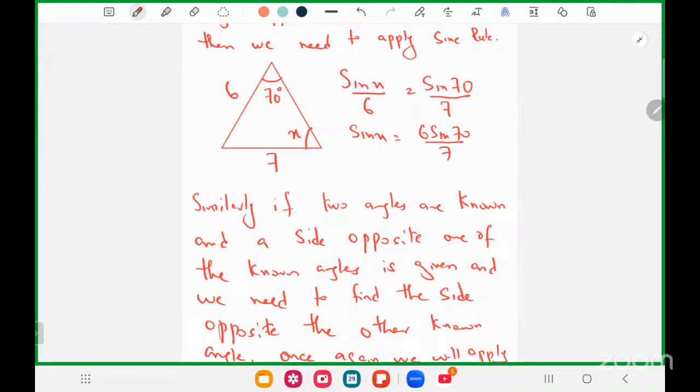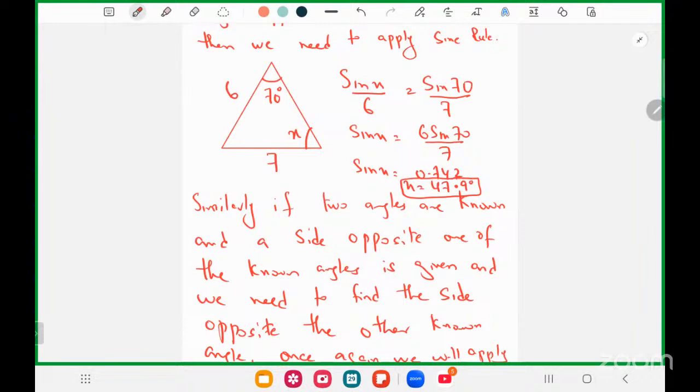I will substitute the values in the calculator: 6 sin 70 divided by 7. Sin x is 0.742, so x is the sine inverse of the answer, which is 47.9 degrees. I hope this is clear.